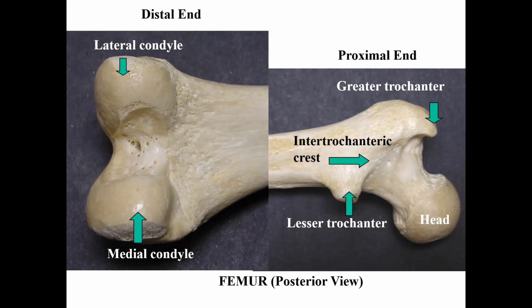However, we have two pads of cartilage in between. We call those the medial and lateral meniscus, to protect the bone so there's no friction during movement. So we have the lateral condyle up here and the lateral epicondyle off to the side, and the medial condyle here and the medial epicondyle off to the side.